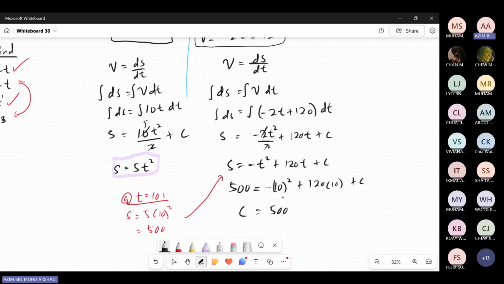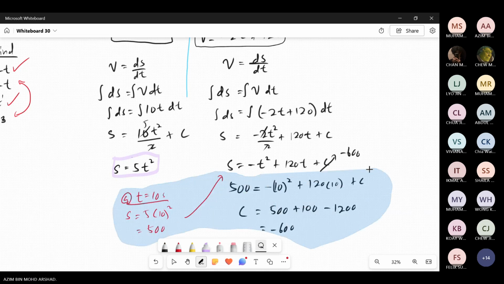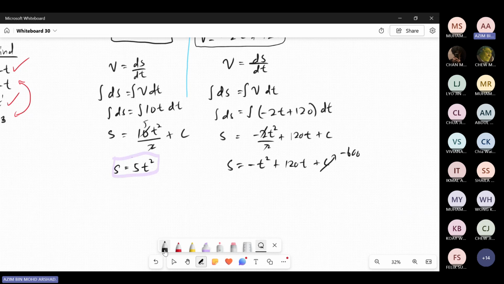We bring this to the left side, plus 100 minus 1200. Okay, so we get negative 600. So C is negative 600. So this equation becomes S equals negative t squared plus 120t minus 600.